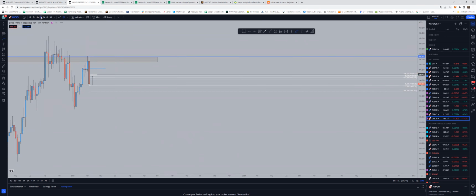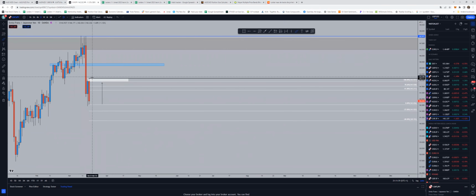So if I go to the daily, what you can see on the daily, we have this high, we have this low, and we expect here this natural W, same lows, same highs. So I expect some pattern to play out maybe, and then we can go to the downside. So that's what I can see for this week.